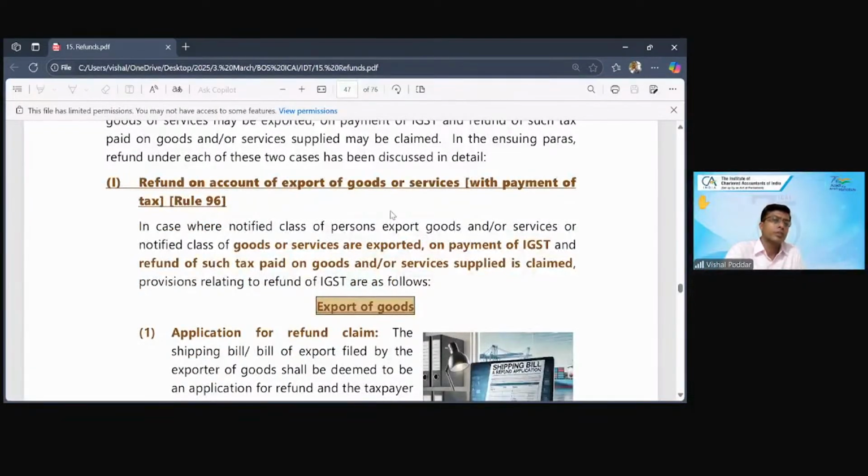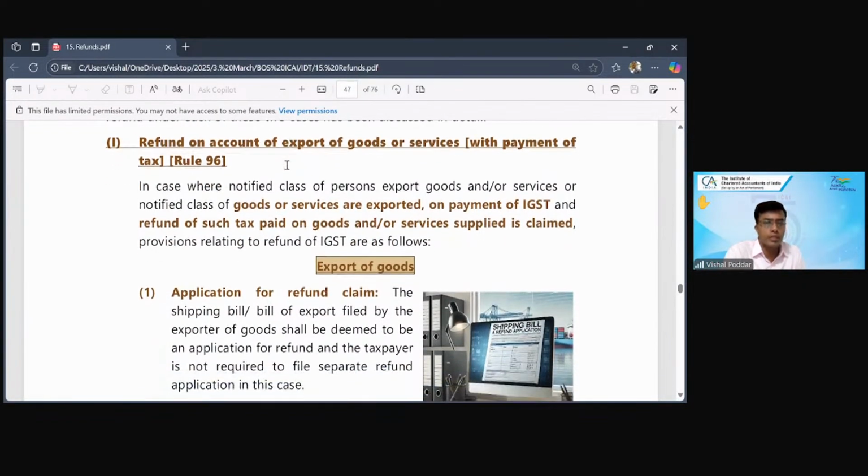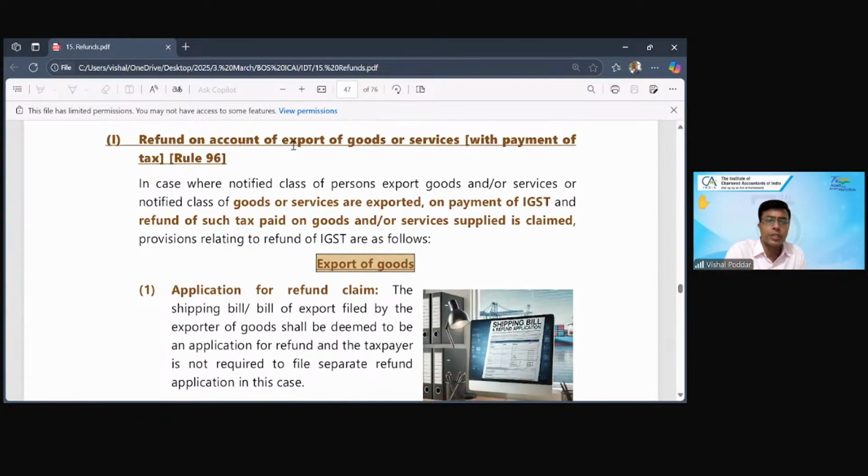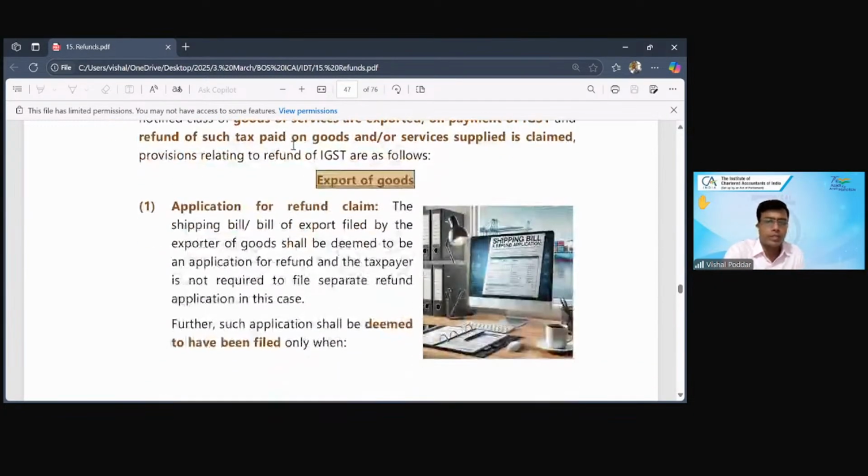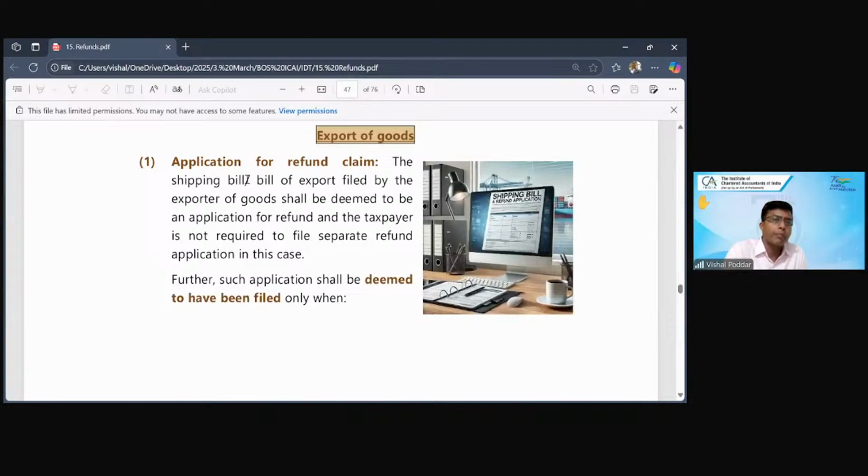Now in the ensuing paras, refund under each of the two cases shall be discussed in detail. First is the refund where you are exporting with payment of tax, which is called the with payment of IGST option. Now in such a case, for the application for refund claim, the shipping bill or the bill of export itself is deemed to be the refund application.